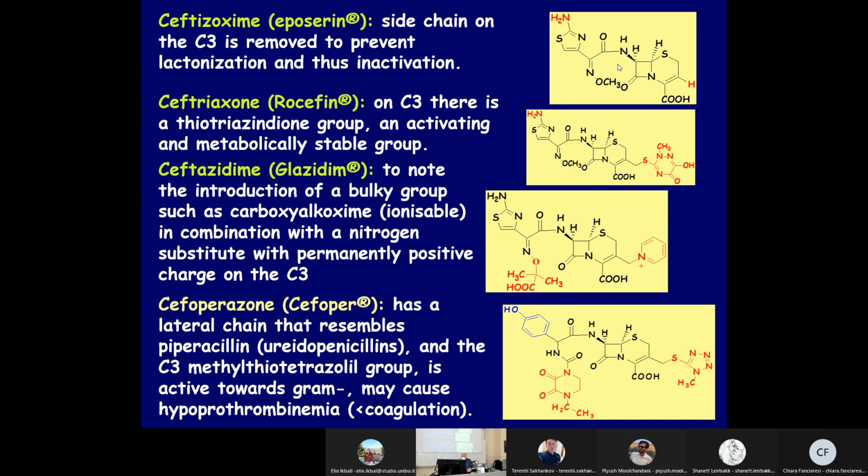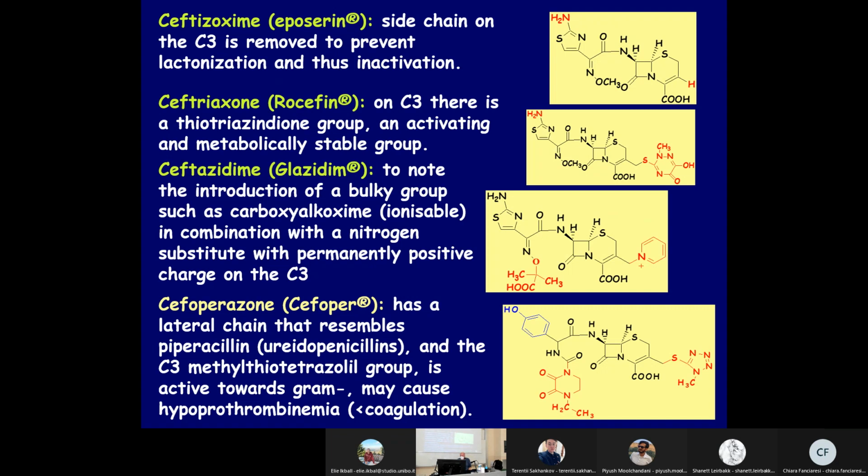And here you can see different types of cephalosporins with the same aminothiazole residue on the side chain. This increased hydrophilicity is responsible for the activity of this generation against gram-negative.